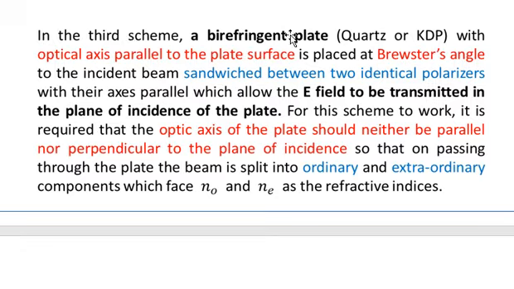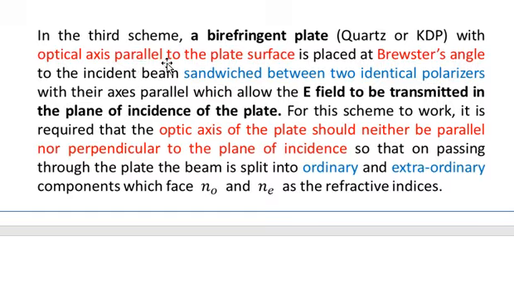In the third scheme, a birefringent plate, for example quartz or KDP, with optical axis parallel to the plate surface. You see that we are using these two crystals. The condition is that these crystals should be cut in such a way that their optical axes lie on their surfaces.